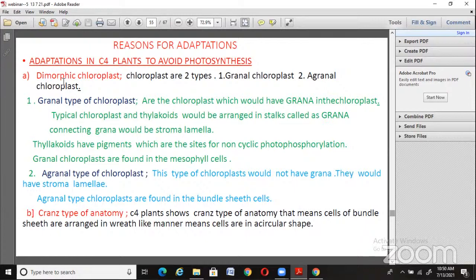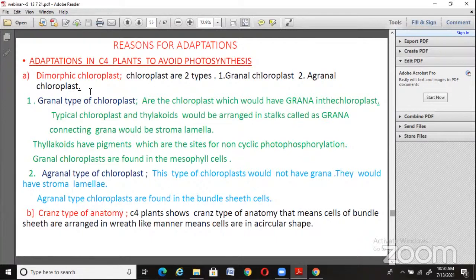So dimorphic means two types of chloroplasts are visible in these C4 plants, and those chloroplasts are, number one, granal type of chloroplast, and the other one is agranal type of chloroplast.